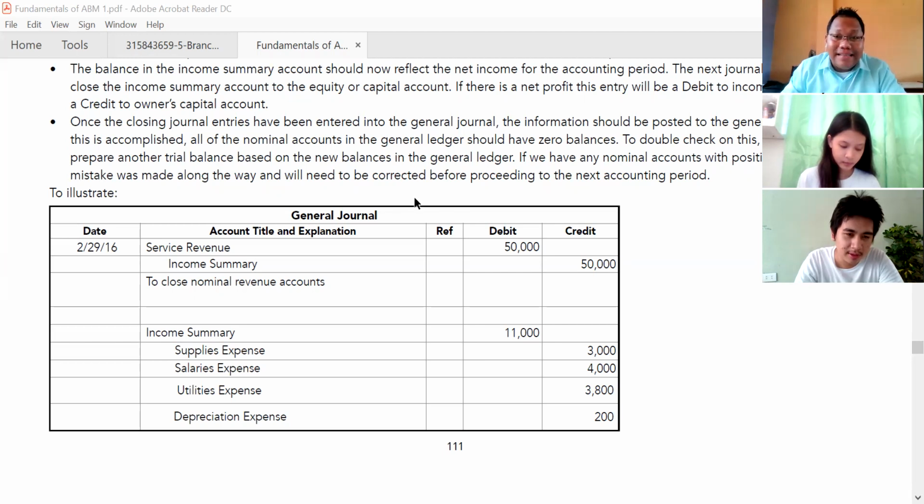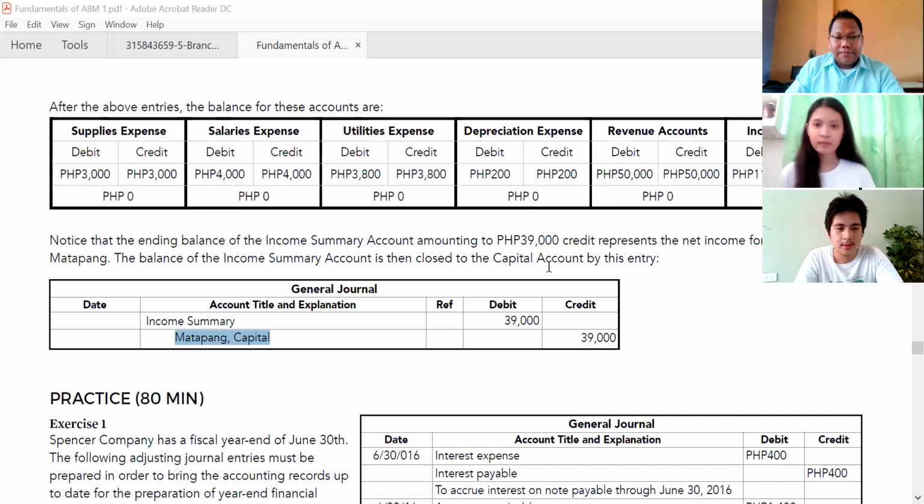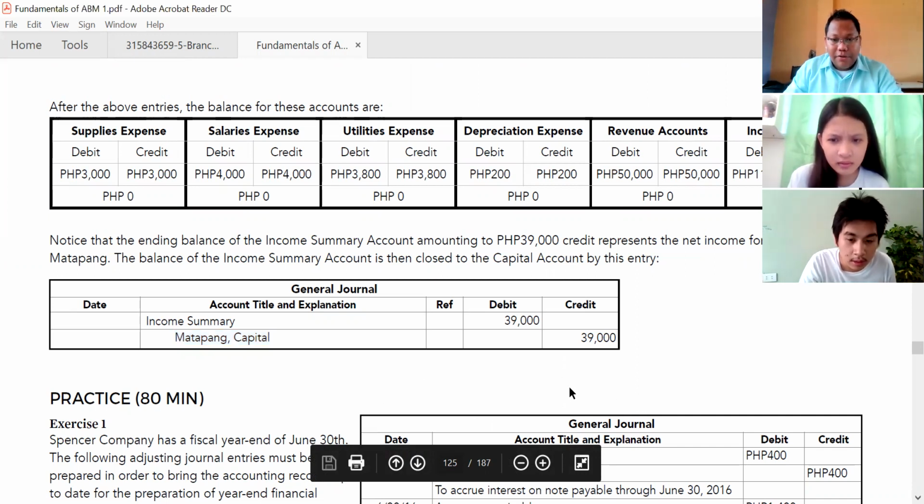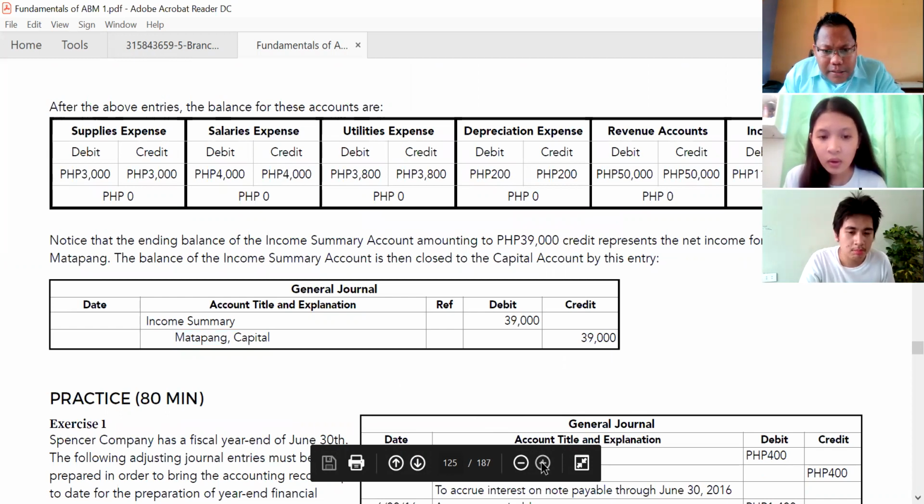Okay, I'll give you the answer. I'll show you the answer. Look, somewhere here at the bottom part, can you see it? What's wrong with this?